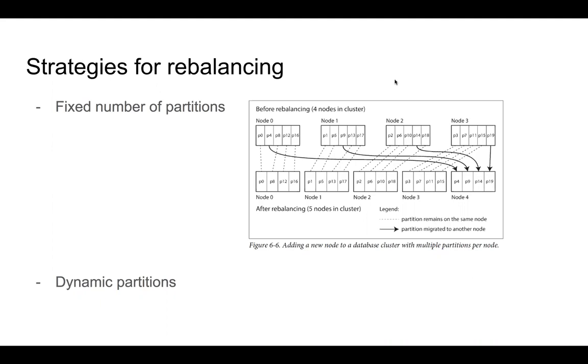Okay, I think there were two things. Earlier you asked one more question, right? I was thinking mainly in that direction as well. Let's say when P4 is moving to node 4, at that time it is still serving the P4 partition. So what if there are some writes for P4?